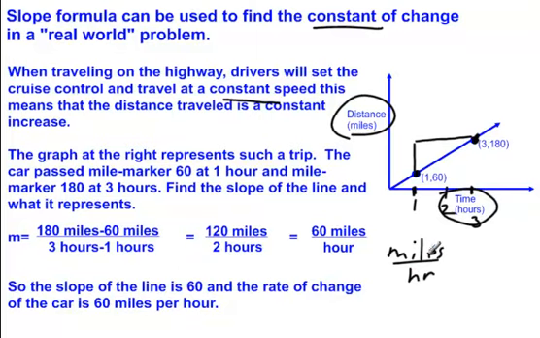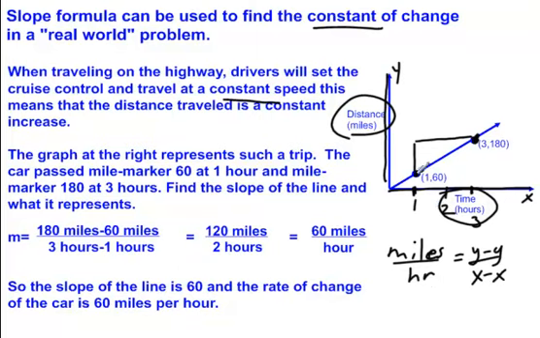We know miles is on the top, and since we know that rise over run is our slope, that must mean that the y's have to be on top, which is why distance is on the y-axis, and time is on the bottom, so that has to be on the x-axis.